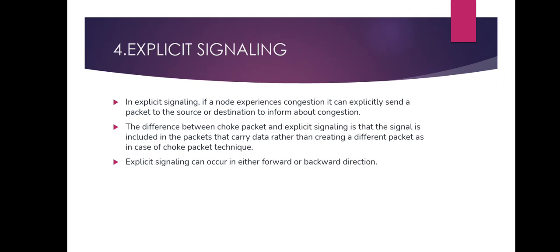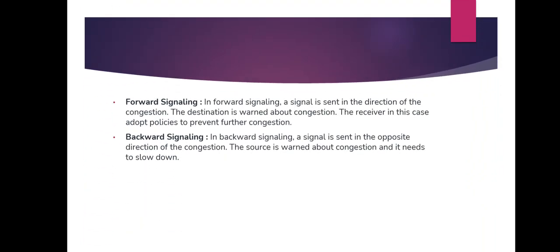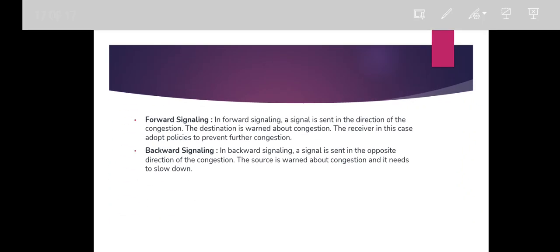So by using those packets we send information to the sender side to slow down sending messages. In explicit signaling there are two methods, forward signaling and backward signaling. In forward signaling, the information is sent in the forward direction.